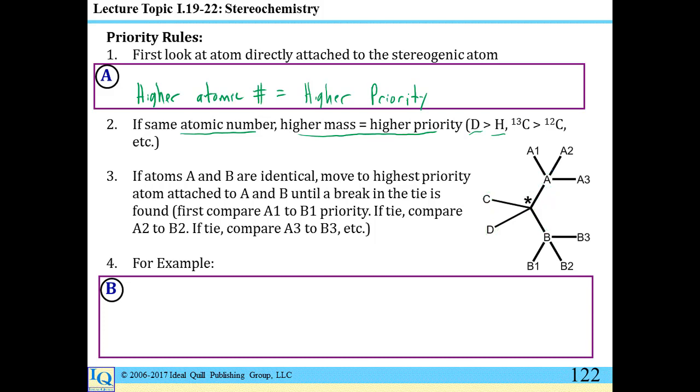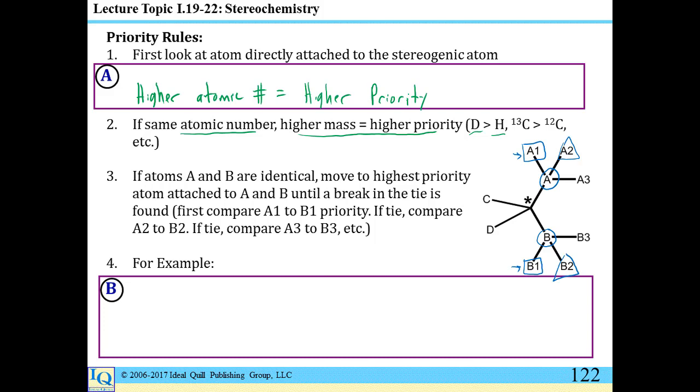We may further have a case where both A and B are the same exact atom. Let's say they're both carbon. If and only if you encounter such a tie, you compare the highest atomic number group on atom A to the highest atomic number group on atom B. If those tie, you move on to the next highest atomic number, A2 versus B2, for example.